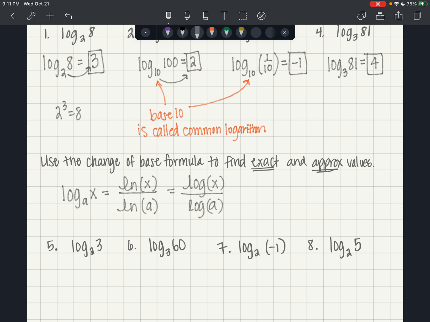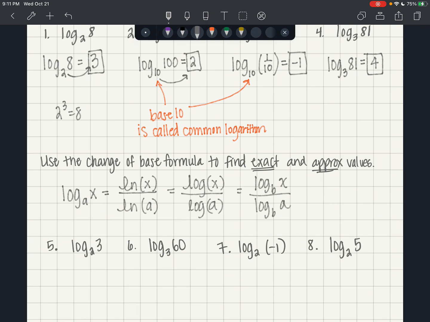And the common log is log base 10. So you can say log base 10 of x over log base 10 of a. In fact, it can be any base. You don't have to change it to a natural log, log base e or log base 10. You could say log base a of x is log base b of x over log base b of a.